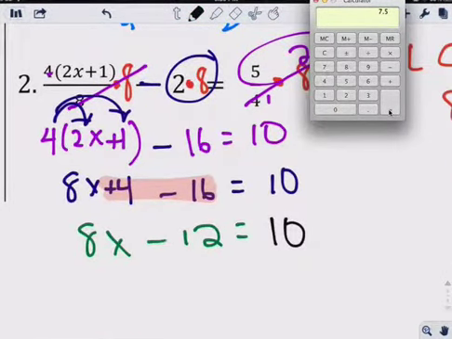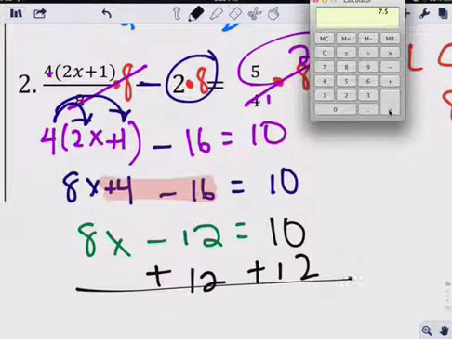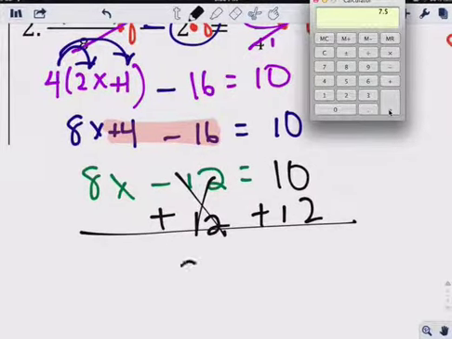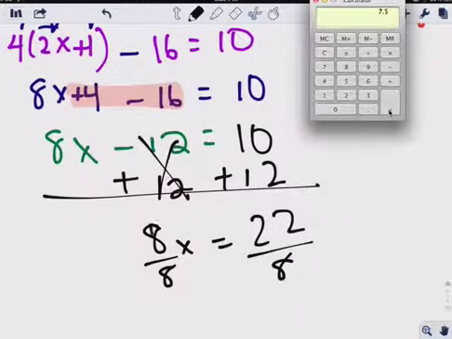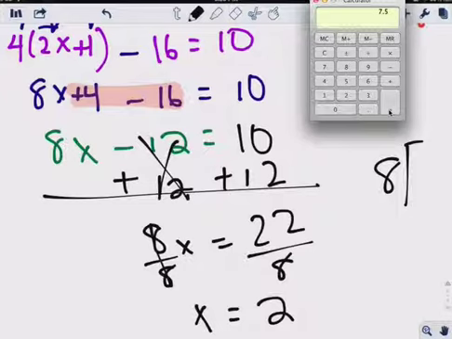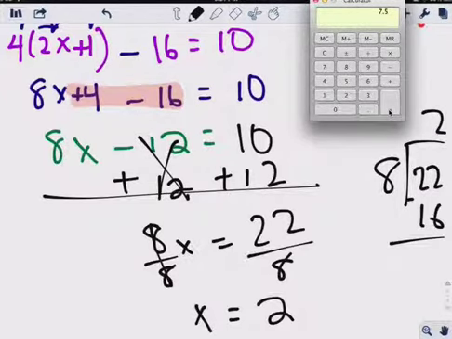Okay? Now add 12, which gives you 8x equals 22. Divide by 8. x equals, 8 into 22 is 2 times with a remainder of 6.